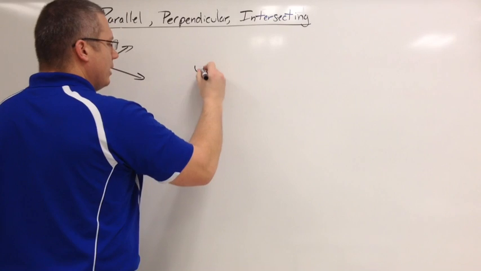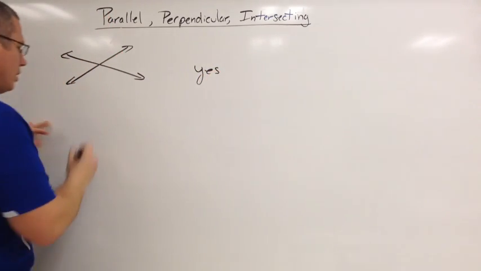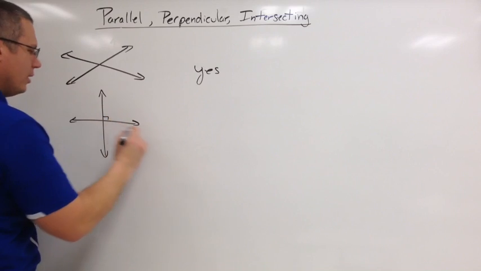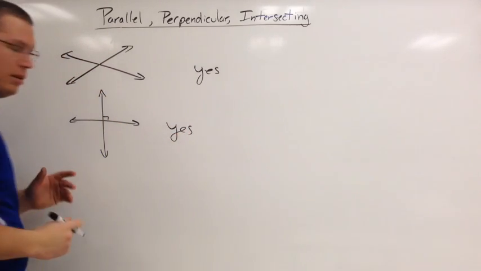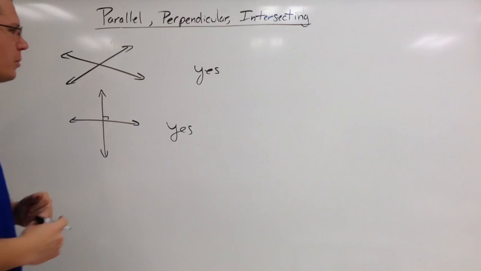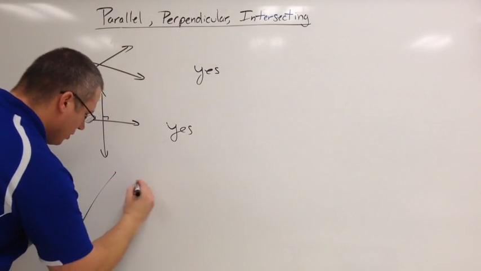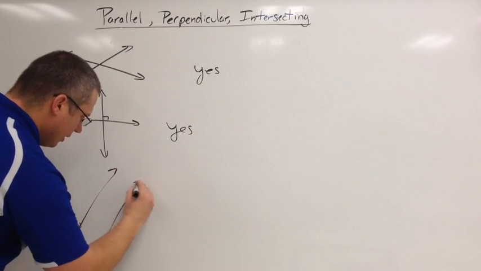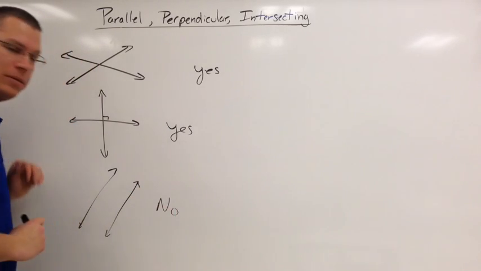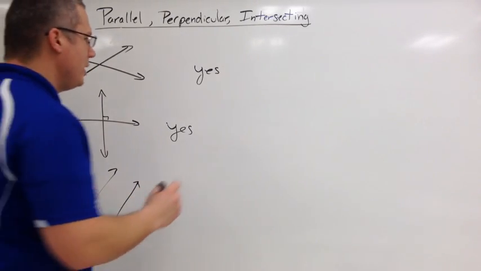Are these intersecting? Yes. Are perpendicular lines intersecting? Yes. They're special, they cross at 90 versus just crossing. Do parallel lines intersect? No, they don't.